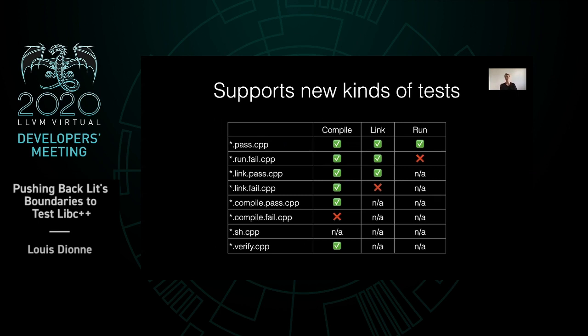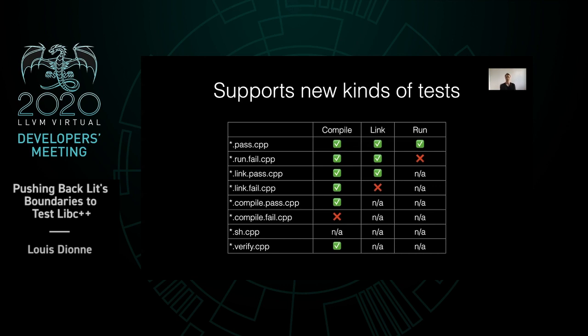And then same for link.pass.cpp, so it should compile and link, but we never run it. And then it should be able to compile but not link. That's a link.fail.cpp. And then we have compile.pass.cpp, compile.fail.cpp. And the two last ones are pretty interesting.